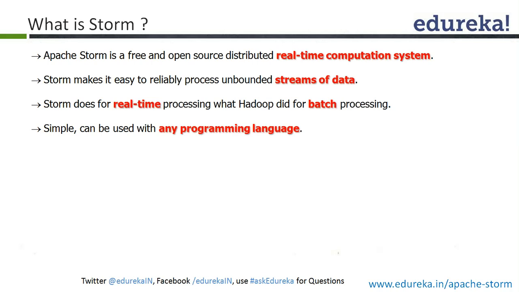I hope some of you are aware of distributed computing systems like Hadoop and all. People typically call Storm the Hadoop for real time. You can see the third point, which says Storm does for real-time processing what Hadoop did for batch processing. Though I would say Storm is definitely getting some stiff competition from other frameworks, like Esper. The problem for Esper is it doesn't really gel well with a huge amount of data.